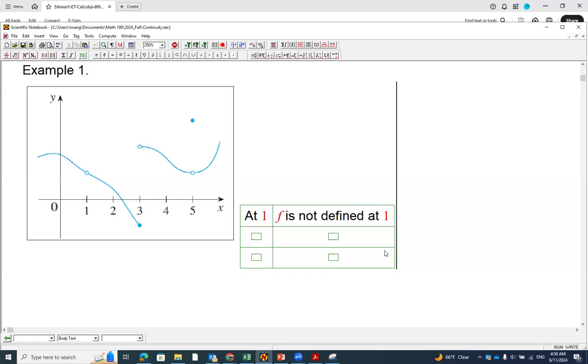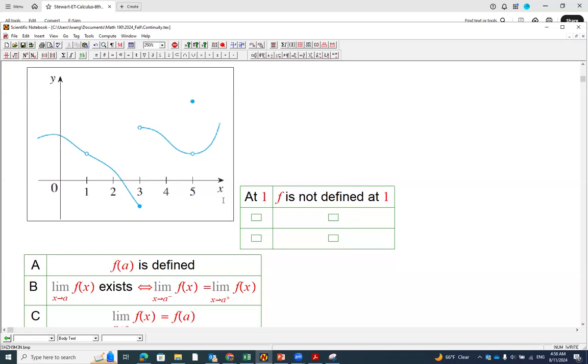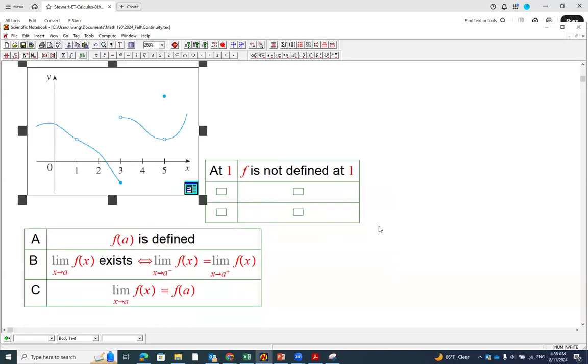So I'm going to bring these three conditions right here. All right, so now we have everything on one screen. It's not defined at 1. Do we need to go further? No, we don't need to.